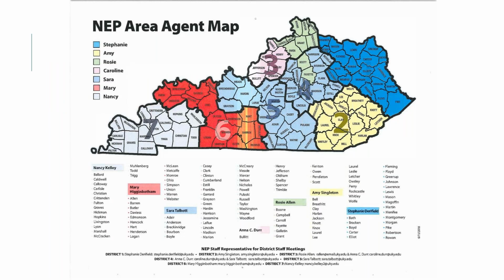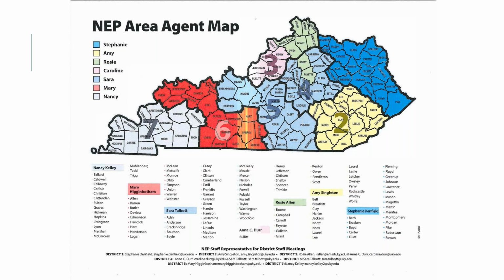So, if you're interested in using the Farmers Market Toolkit, here is an area agent map. We have nutrition education program agents who are familiar with this program and who know all the agents in the various counties that are in their assignment.